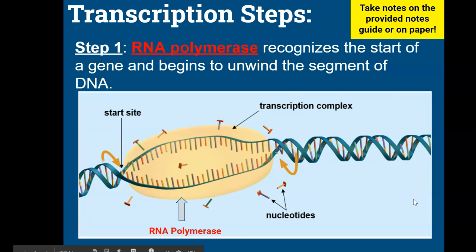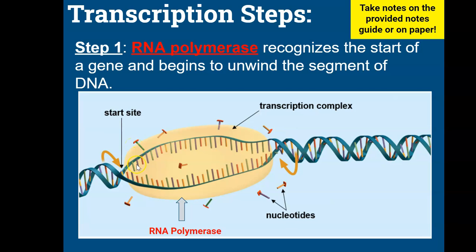All right, so you're going to jot down a few of the steps, and this is simplified, just a very generalized look at transcription steps. In step 1, here's my DNA, and I have the enzyme RNA polymerase, this big yellow structure here.